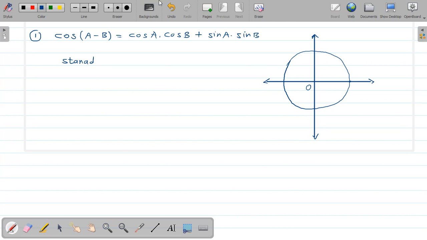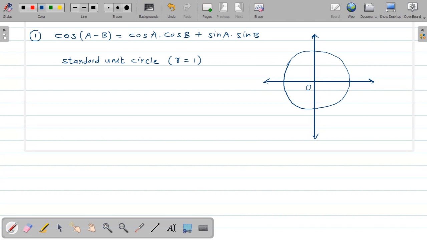Consider a standard unit circle. Unit circle means having radius 1. So on the coordinate axis system, this is the standard unit circle, that is r is equal to 1. Standard circle means having center at the origin. See here, this is the center of the circle.